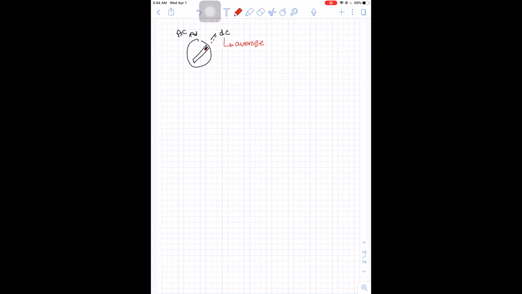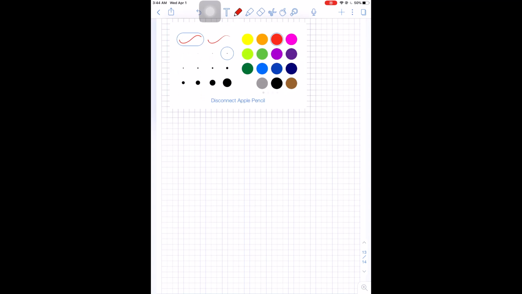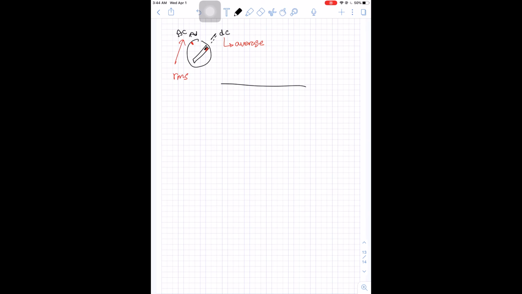But if your selector is at AC, this means you are measuring RMS, or your meter will calculate the RMS. So for DC we use the average, and for AC we use the RMS. The question is why RMS is needed and why we use the RMS for all AC circuits. We are not using any other value, we are using only the RMS.